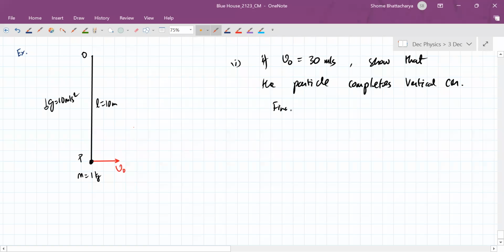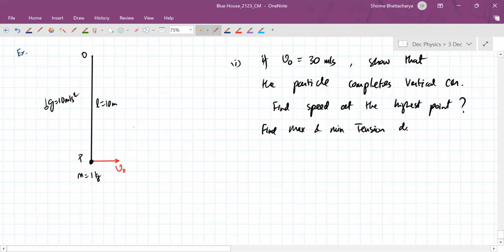Find the speed at the highest point, and also find the maximum and minimum values of tension in the string during the vertical circular motion. So you have to think when the tension will be maximum and when it will be minimum.